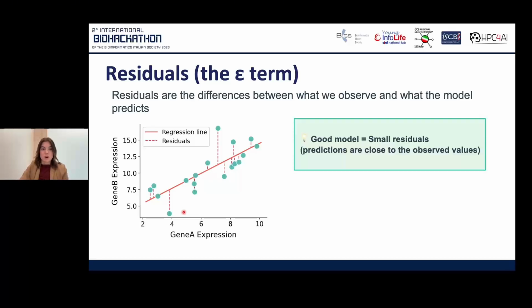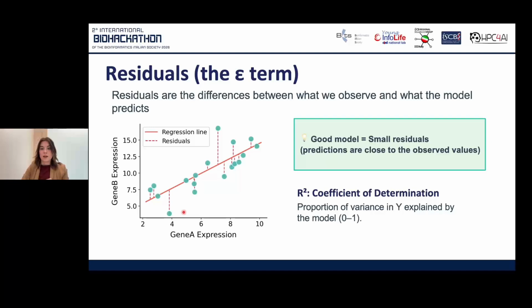And we can summarize this with a single number that is called R squared, and represents the proportion of the variance of gene A's expression that is actually explained by gene B. So R squared of 0.81, for example, means that 81% of gene A variability is explained by gene B.